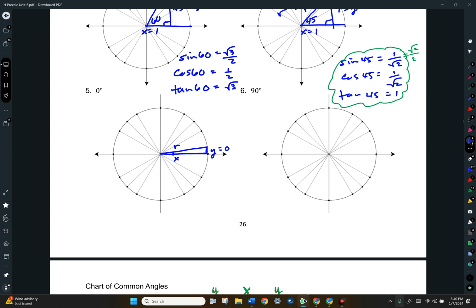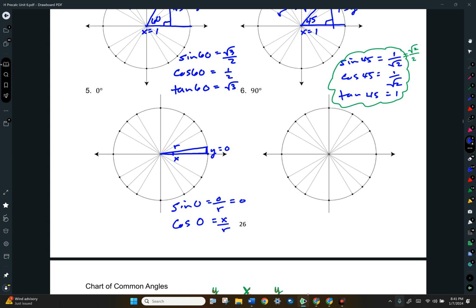Okay, so you're like, well, but I don't know what x and r is. Okay, well, let's think out loud though. The trig function for sine of 0 degrees, if it's y over r, it's going to be 0 over r. So 0 over anything is 0. So it doesn't really matter what r is in that case. And the cosine of 0 is going to be x over r.